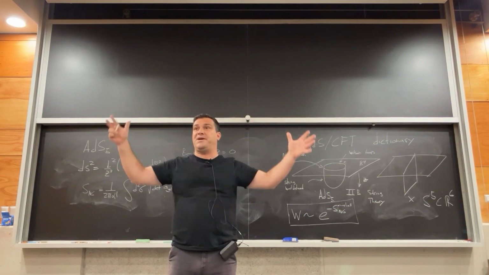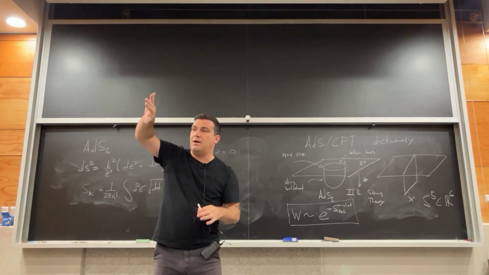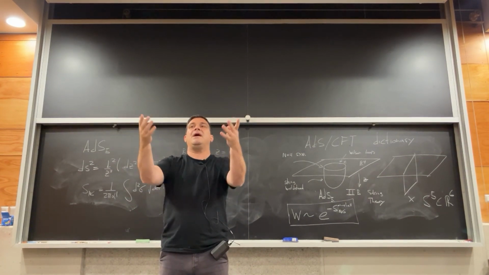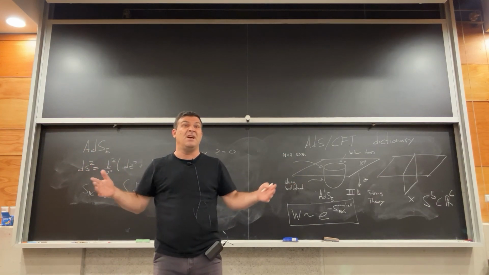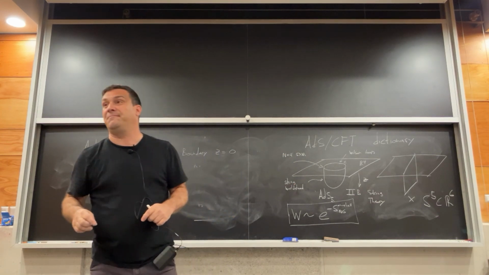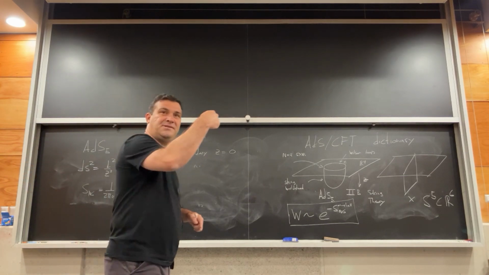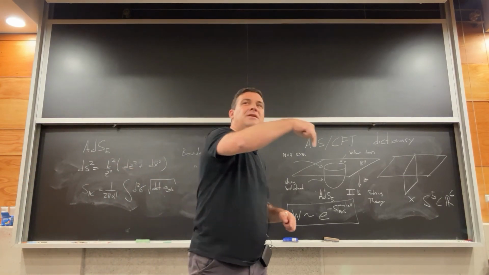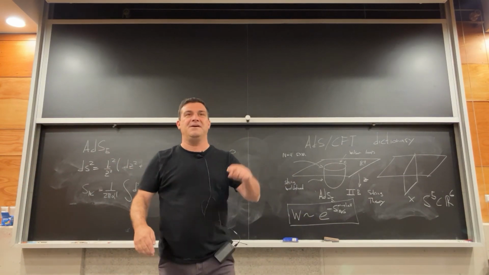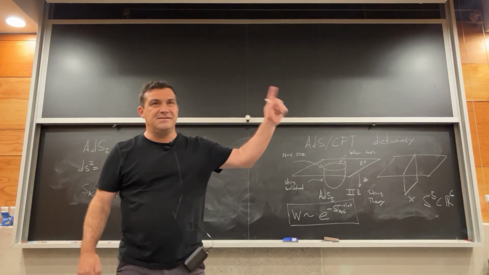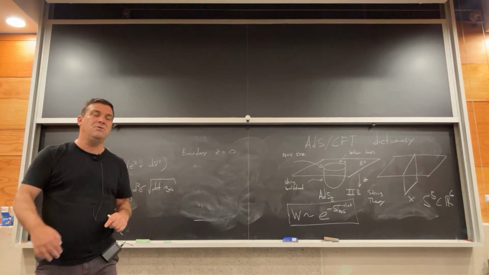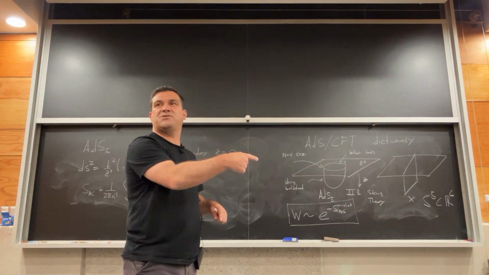So I have an ambient space, and I put a surface here, and then the surface inherits a metric from the ambient space. It's actually how you computed the metric on the sphere. You started from dx squared plus dy squared plus dz squared, and you plugged in x as a function of theta and phi, y as a function of theta and phi, z as a function of theta and phi, and it gave you d theta squared plus sine squared theta d phi squared.